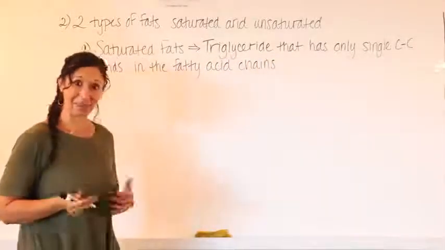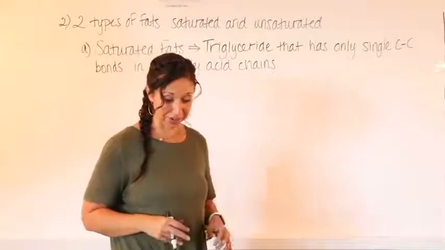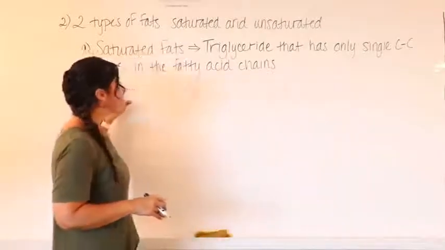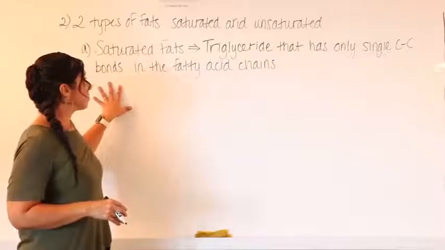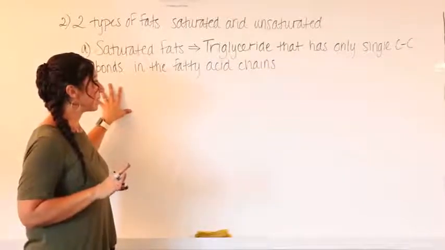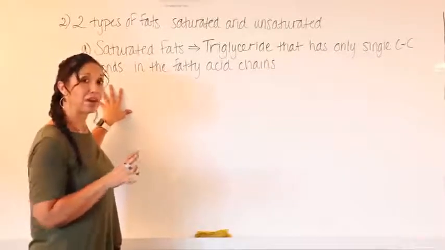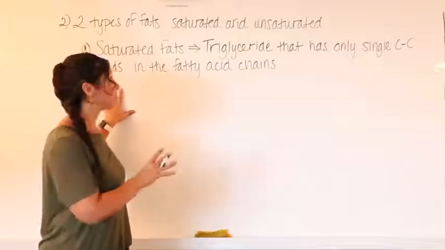It's a big deal because, again, structure, function. Having only single carbon-carbon bonds in the fatty acid chain does something really neat to how it interacts with other triglycerides that are also saturated.